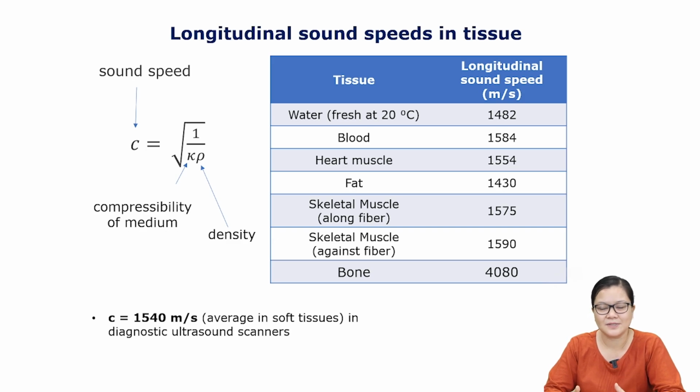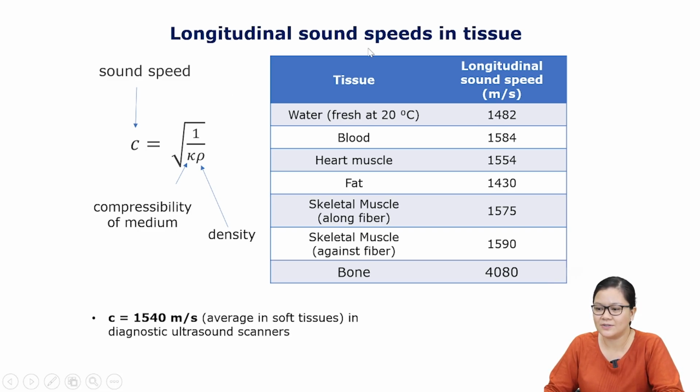We talked about sound speed, especially longitudinal sound speeds that are used in imaging. Another formulation of sound speed is that it is a characteristic of the medium, a characteristic of the tissue.